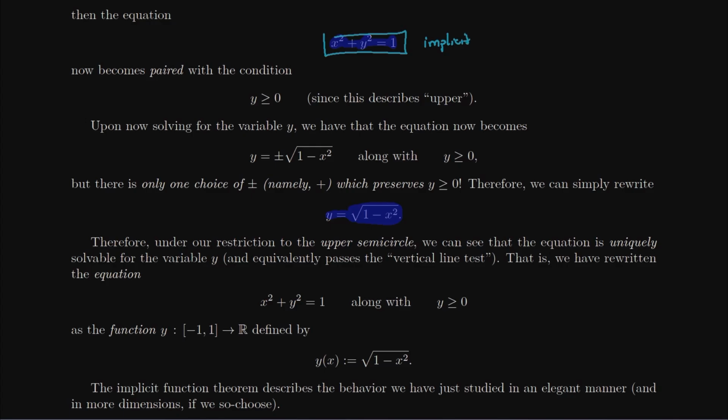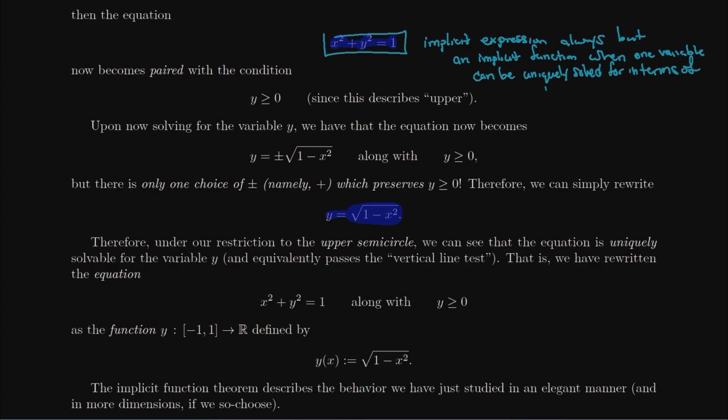It's always an implicit expression, always, but an implicit function when one variable can be uniquely solved for in terms of the others. And it's that unique that's very important for implicit functions.